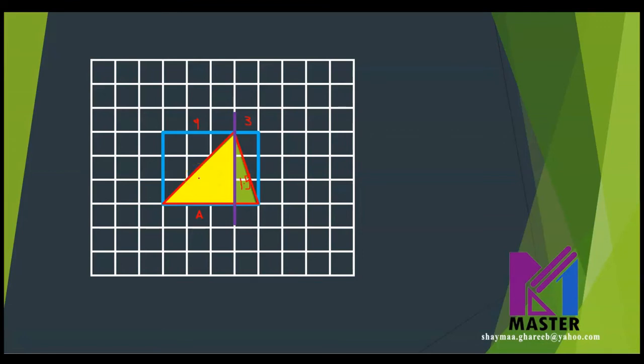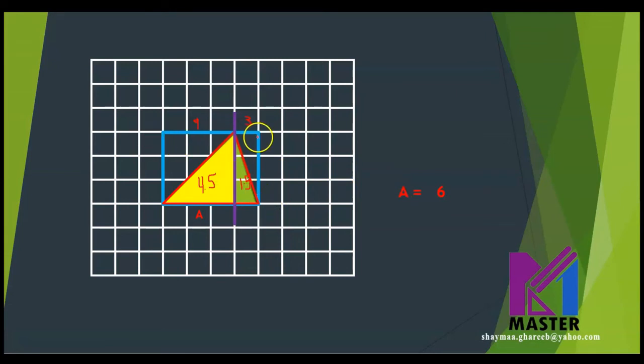Half 9 is 4.5. Now I can calculate the total area of the two parts together. 1.5 plus 4.5 will give me 6. Is this clear? So the area of this triangle is 6.